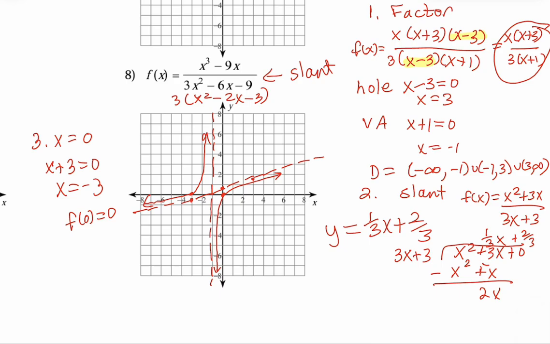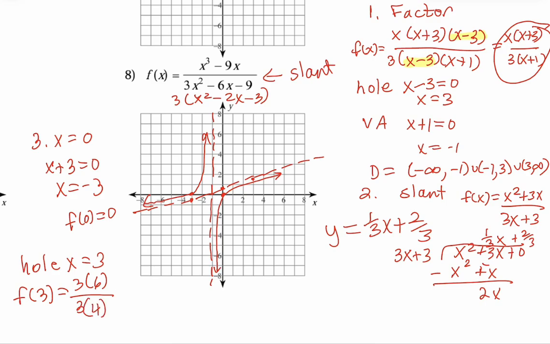I didn't put that one on, so let's do that. The hole occurs at 3, remember? So let's plug 3 into the simplified version. You always have to plug it into the simplified version. It won't work in the original version. So if we plug 3 into that, we get 3 times 6 over 3 times 4. The 3's cancel.